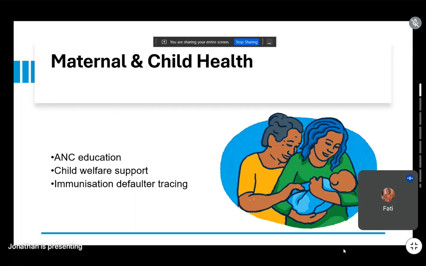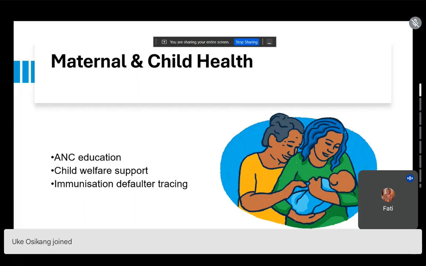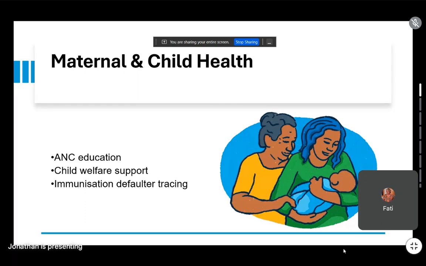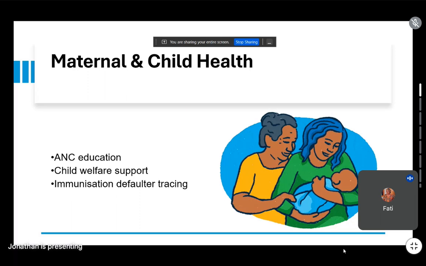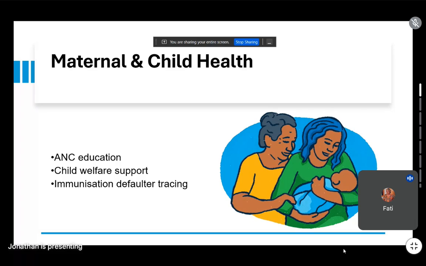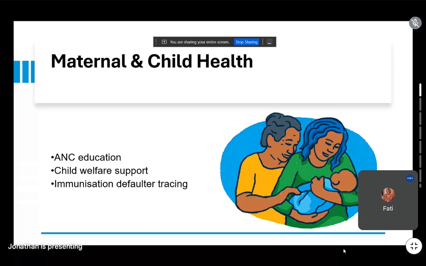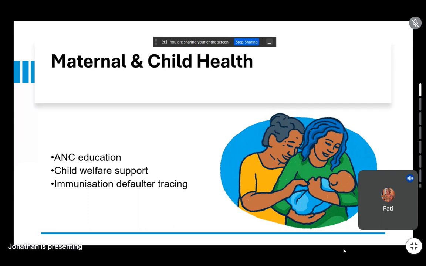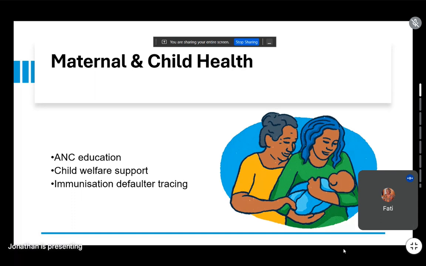Encouraging facility-based delivery: when you notice that there are pregnant women within your community, at that moment they should be one of your target focus, where we make sure that the person goes to the ANC, and when it is time for delivery, the person also goes to the facility where she can have skilled delivery done.